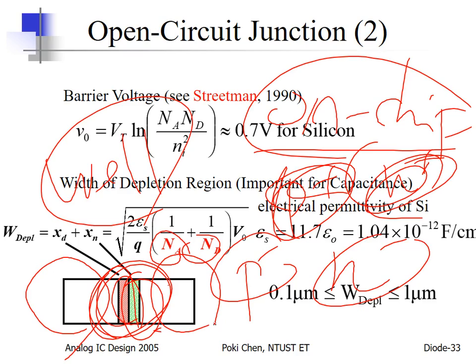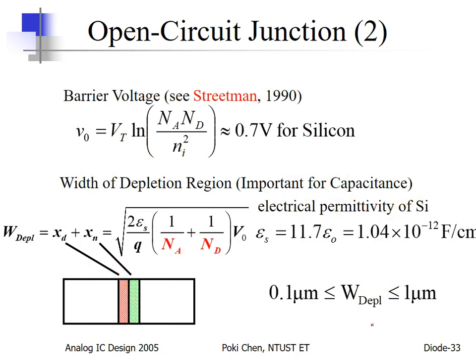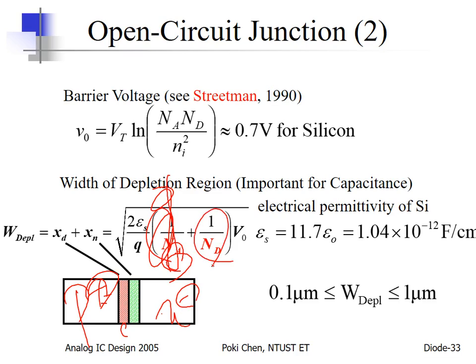So if you have one side highly doped, plus meaning high doping concentration, and the other side minus, low doping concentration, it means what? For the high doping concentration, the width here will be almost zero, because it is too high, so this one will become very small compared to the other one.